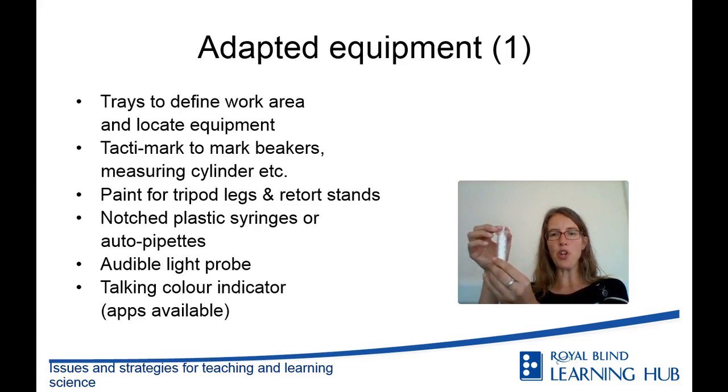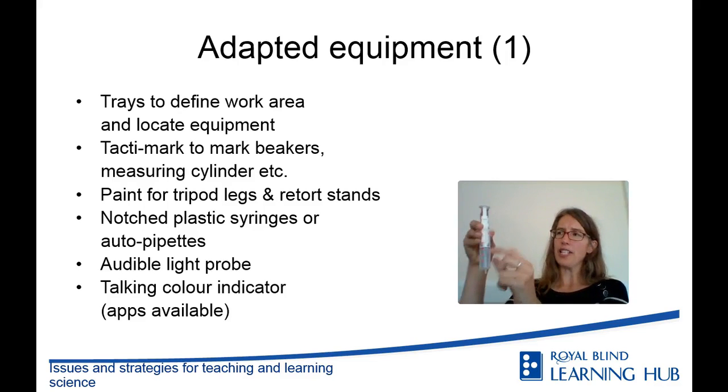Now what you do with notching is that if I pull the plunger up, along the edge here we've got notches that correspond to different volumes. So what that means is that the visually impaired learner can put their syringe into the liquid they want to measure a volume of, and they pull up the plunger and feel for notches that are level with the end of the syringe.